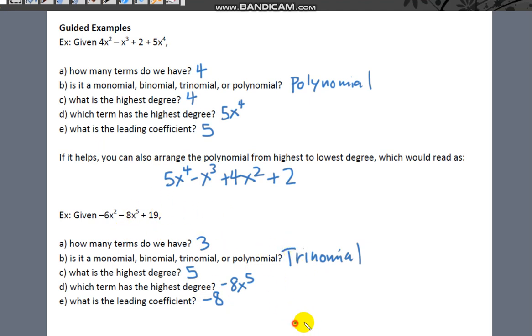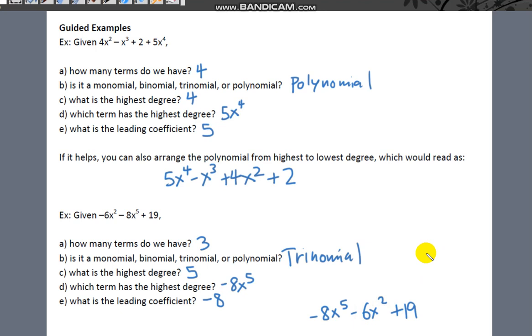Sorry, that's not what I want to do. Okay, the leading coefficient is going to be negative 8. And if I were to rewrite this, it's the same thing as negative 8x to the 5th minus 6x squared plus 19. So that's how we would go about doing that.